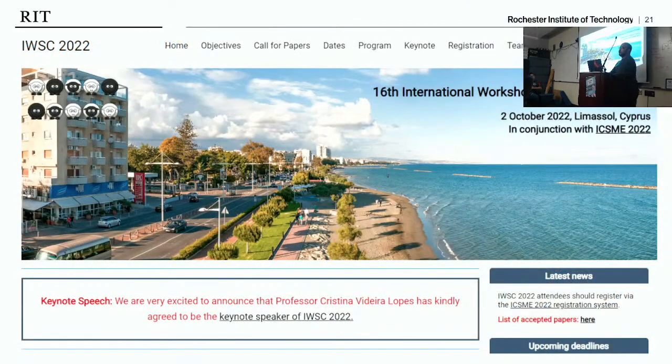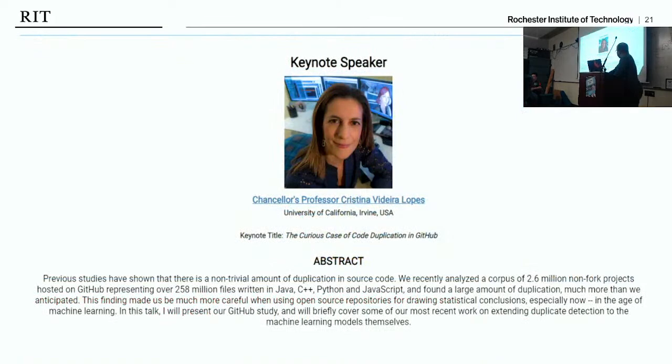Yet, we do have workshops and conferences trying to explain the phenomenon of duplicates and why it's so prevalent and so frequent among developers, right? In the keynote of a conference that just happened at the beginning of October, about 3 weeks ago, they talked about the existence of a large amount of duplicates.